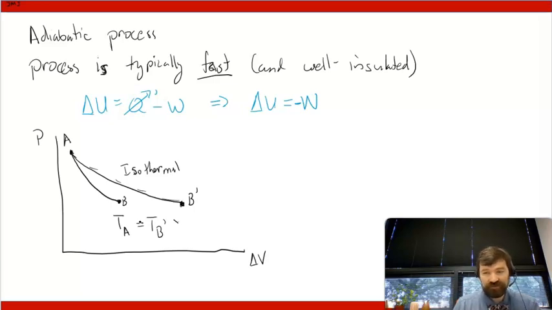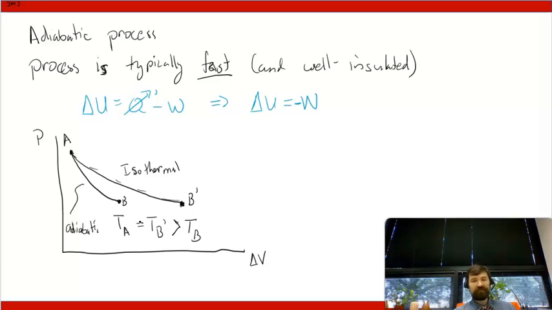You have the same temperature at the start and the end. But in the adiabatic process, you end up with a lower temperature after this process, at least for the process described on this graph, than what you started with. So TB is less than TA or TB prime.